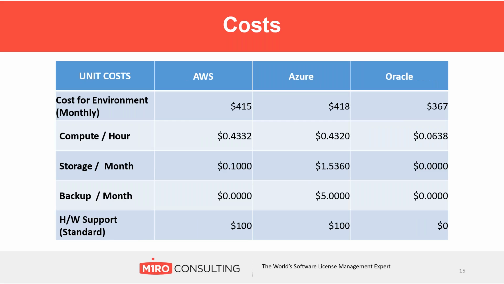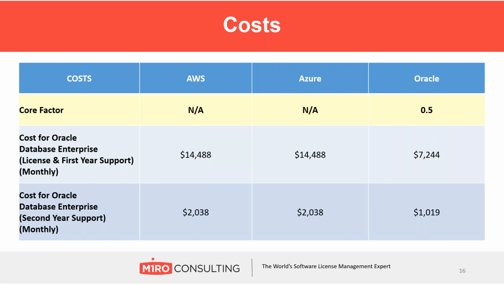Now, the next slide, please. I want to call your attention to the first detail line, core factor, right? You notice that there's an NA underneath AWS and Azure and a 0.5 for Oracle, right? This is highlighted in yellow. It is the actual crux of the matter.